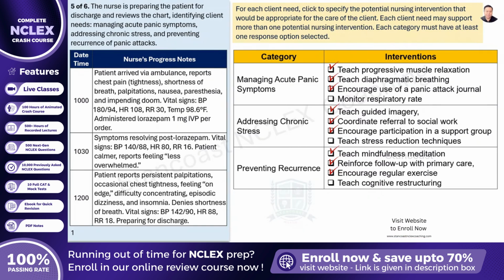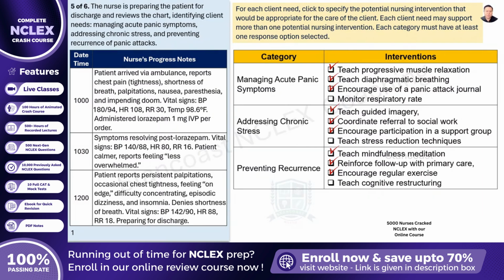All right. So don't forget that this test item is testing you to distinguish between acute symptom relief and long-term stress management. So you have to select those evidence-based, RN-appropriate interventions that can promote holistic patient-centered care, using those practical tools that you can teach, and also to help coordinate the care.